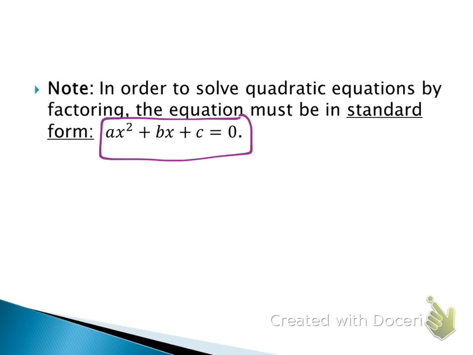I would highlight it, put a box around it, something. We have to be able to know what standard form is for these. It's also super important that it equals 0. So I'd maybe put an extra star or arrow by that. It's got to be set equal to 0. If it's not equal to 0, we cannot use that zero product property and things just don't work out.